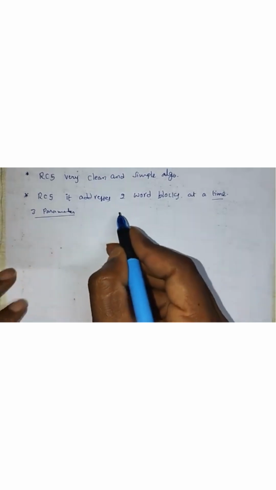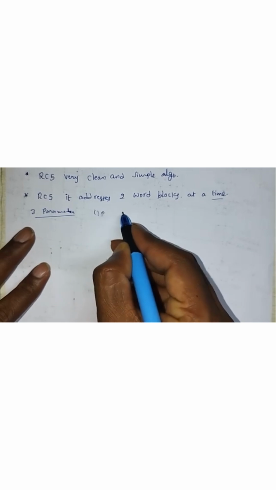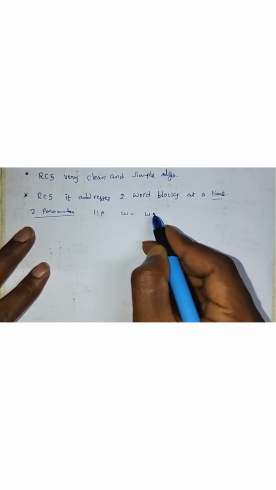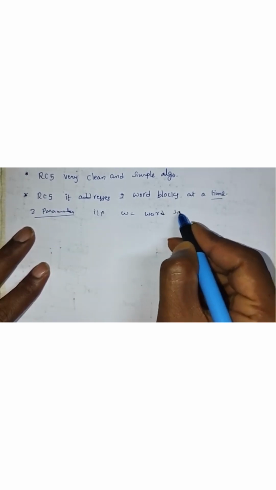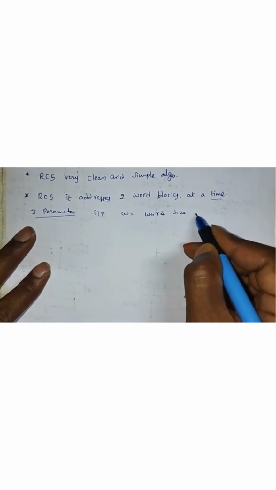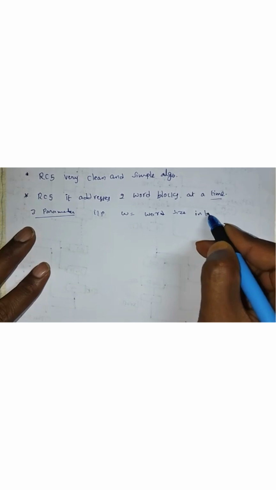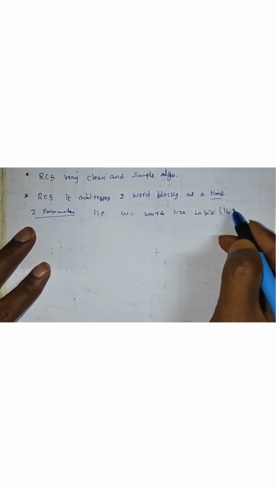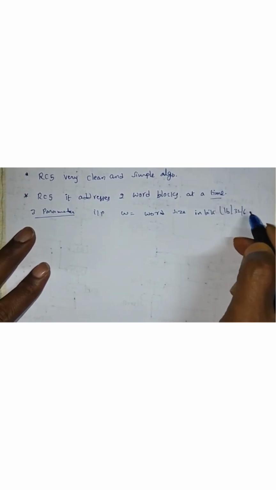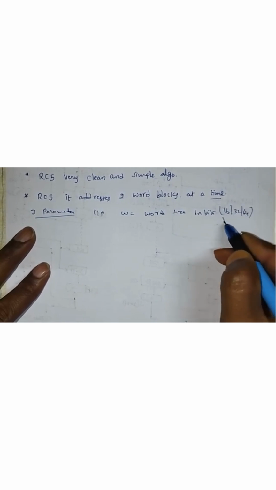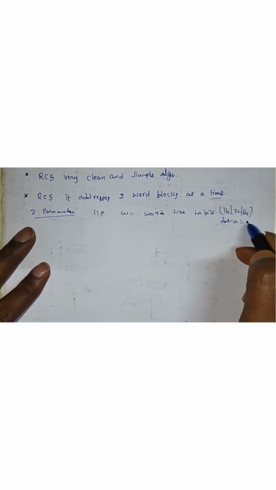What do the three parameters mean? It contains three parameters. The first is W, the word size in bits: 16, 32, or 64. Here data equals 2 words.